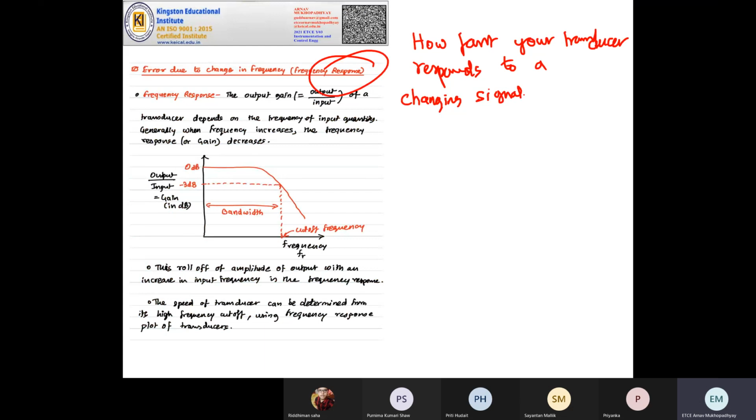So when your input is changing, your transducer may respond or may not respond. It will depend on how fast, or the rate at which, the input changes.